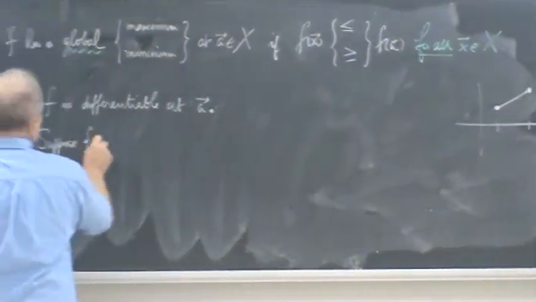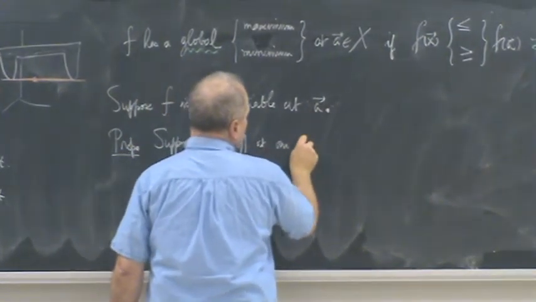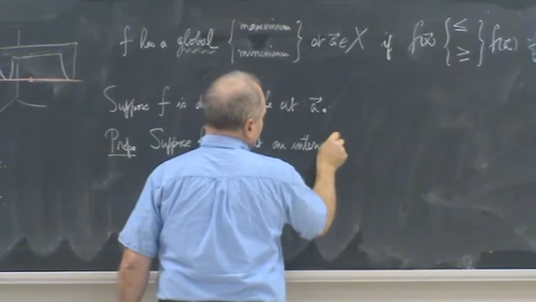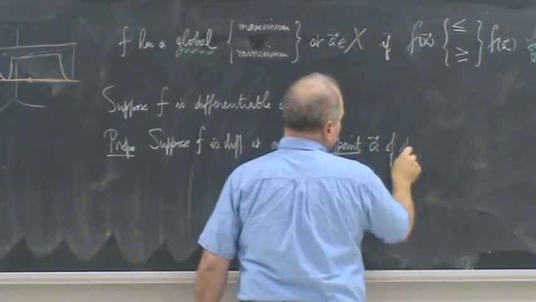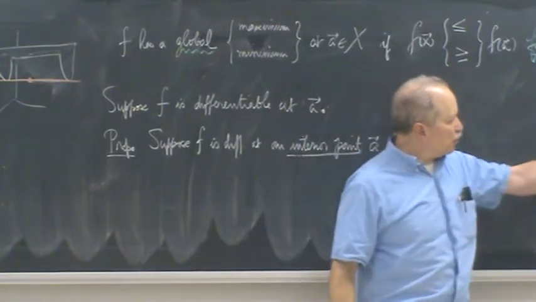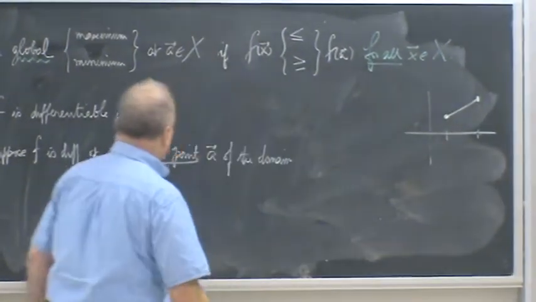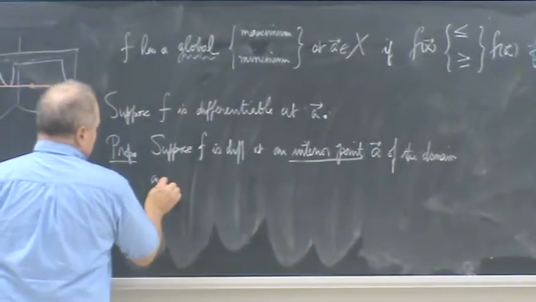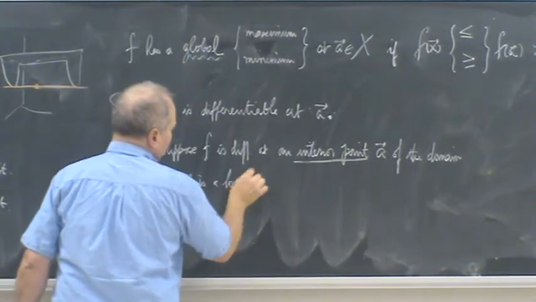So suppose f is differentiable, I'm reiterating, at an interior point A of the domain. These are not interior points of the domain here. They're frontier points, right? And A is a local max or a local min.